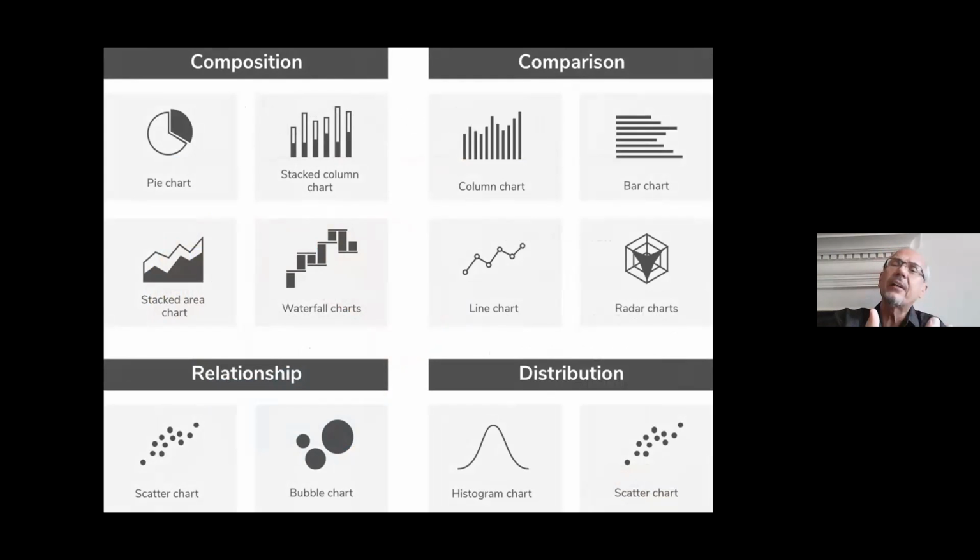If we want to look at the composition, for example, who responded to the data, then we would look at pie charts, stacked column charts. These are just some examples. If we wanted to do a comparison, people who do evaluation always have their ways that they are more likely to use.